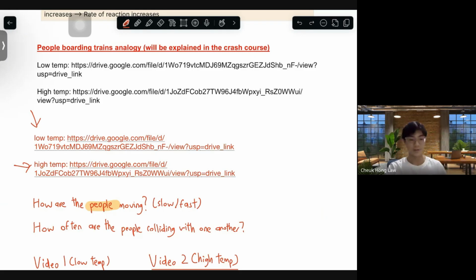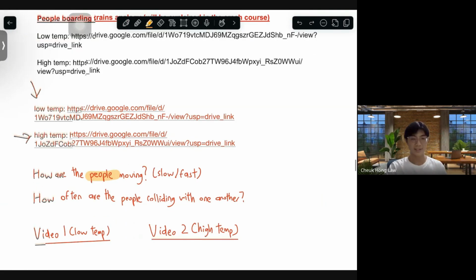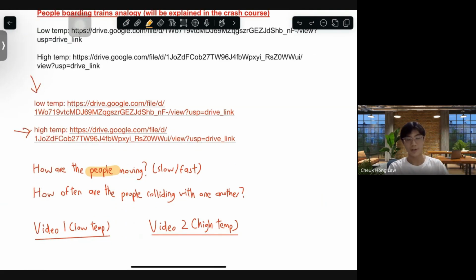That's the first question. The second question is, because this whole chapter is on colliding, particles colliding: how often are the people colliding with each other? It can be never, or not often, or very often.